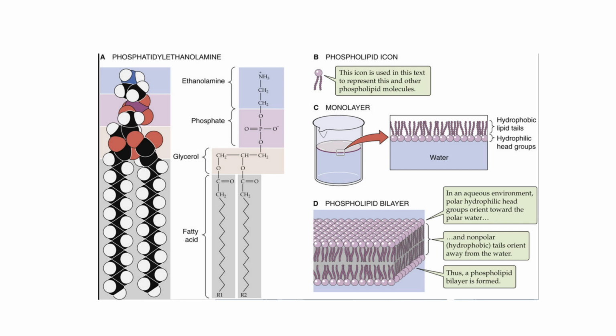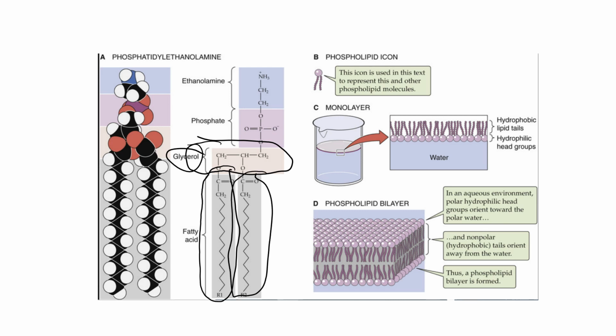Okay, so the first thing to start off with when we talk about phospholipids, there's going to be this glycerol backbone. Okay, and what you'll see is that the glycerol backbone is typically esterified to 2 fatty acids. Well, the 2 fatty acids that the glycerol backbone is esterified to are made up of hydrocarbons. Fatty acids are mostly what make up lipids.